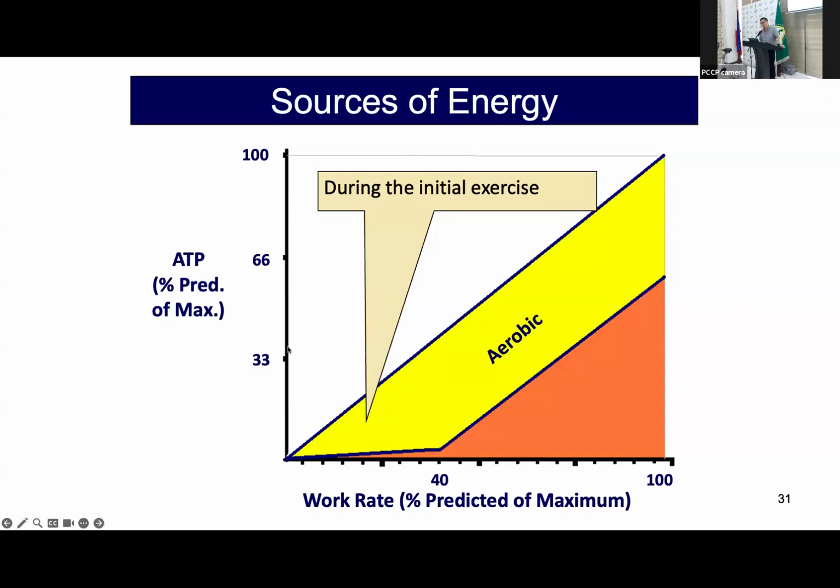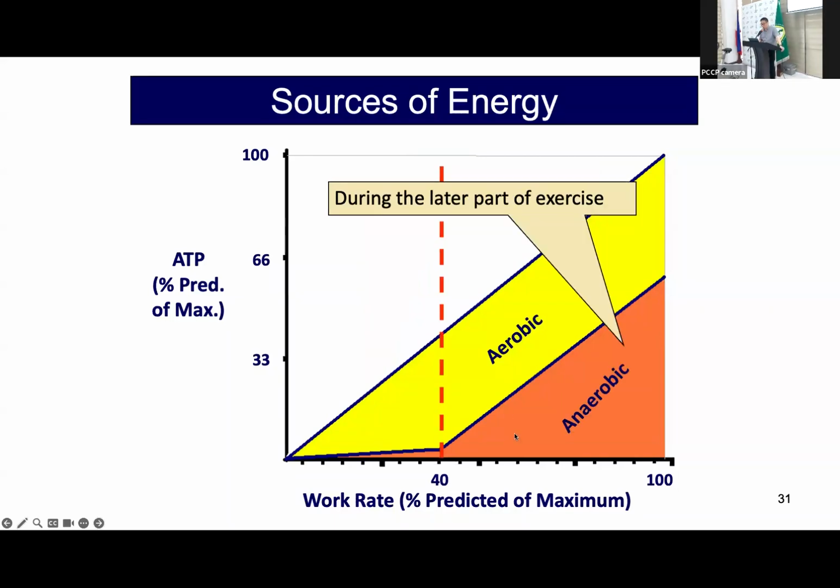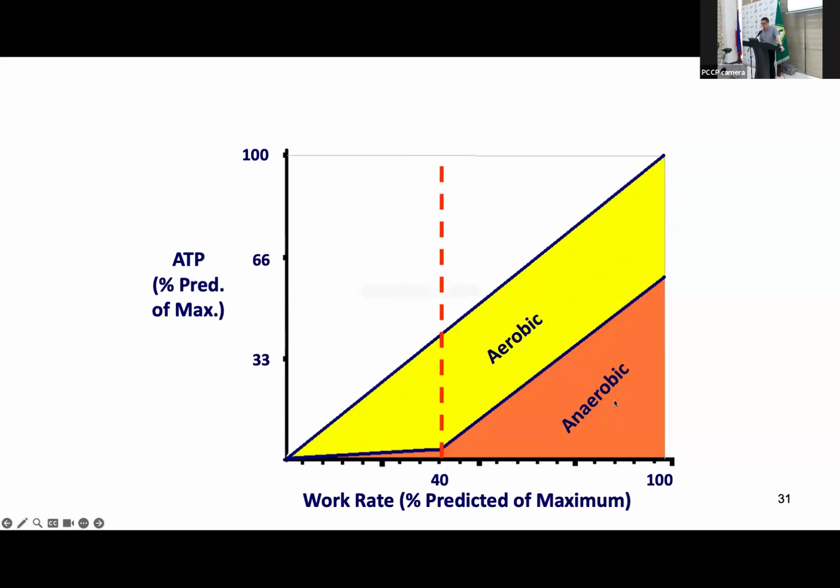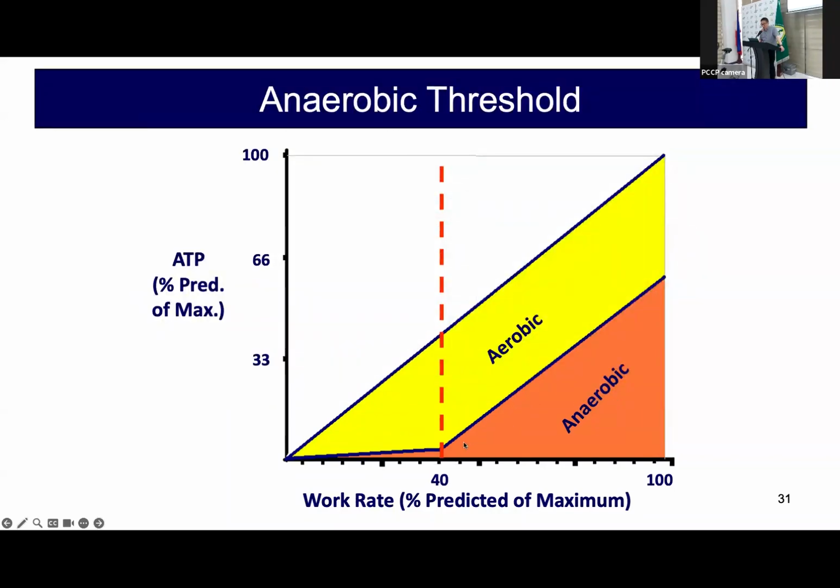So initially, the blood flow is adequate. During initial exercise, we use aerobic metabolism. Subsequently, because of the increased O2 demand, the blood supply becomes a little bit inadequate, so we recruit the anaerobic metabolism. The time when we start recruiting anaerobic metabolism to produce ATP is known as your anaerobic threshold.